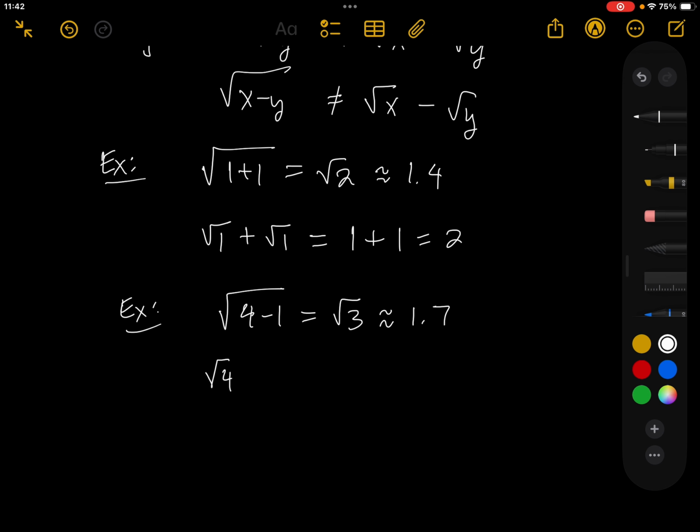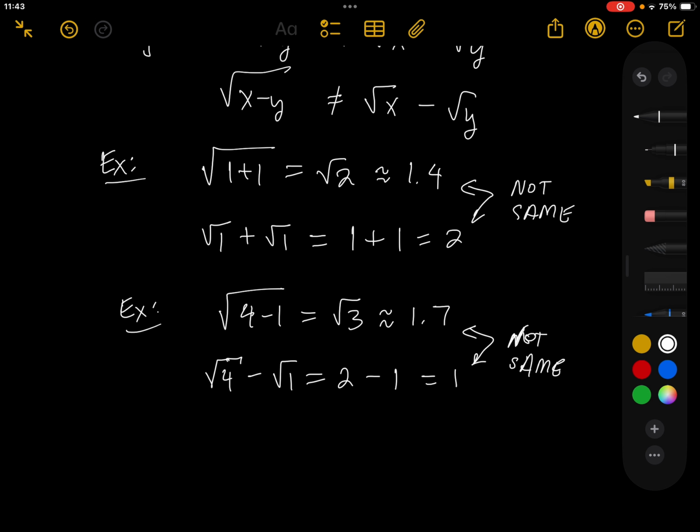On the other hand, if I split it up and did square root of 4 minus the square root of 1, square root of 4 is 2, square root of 1 is 1, 2 minus 1 is 1. And these are not the same. So you can't split up square roots like that.